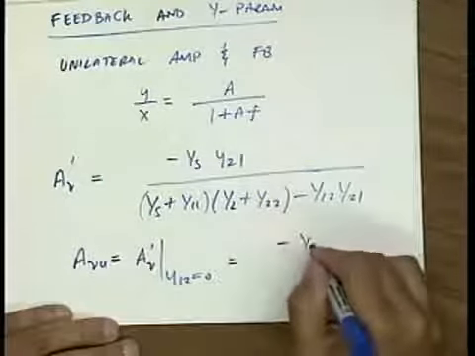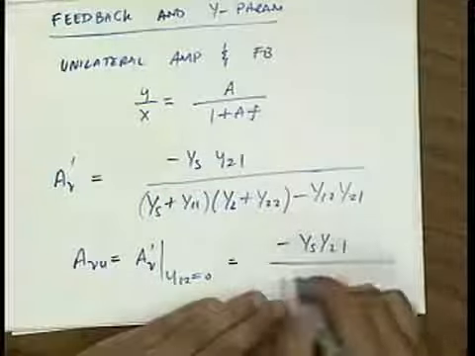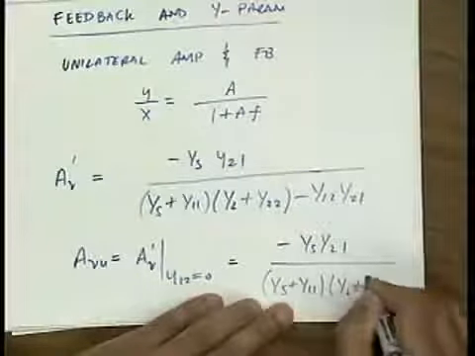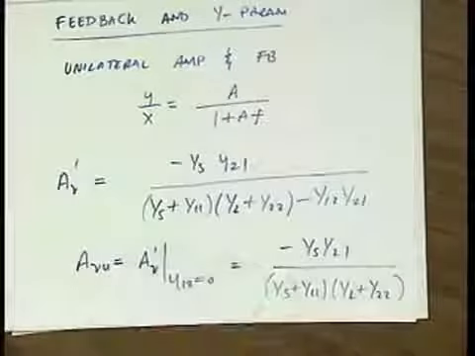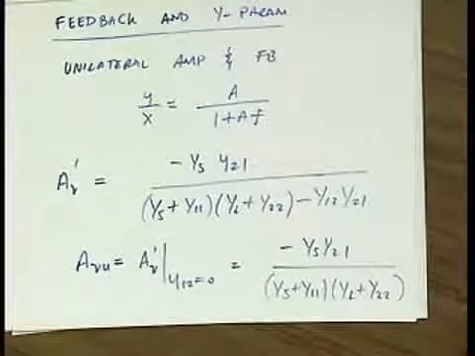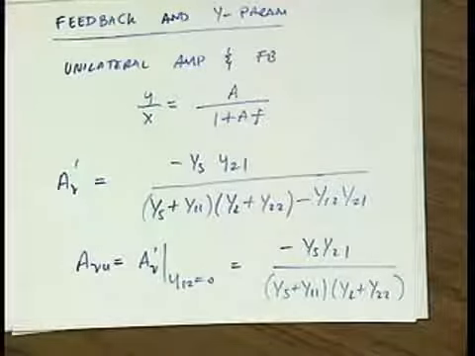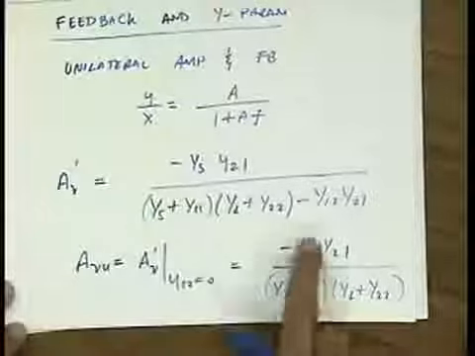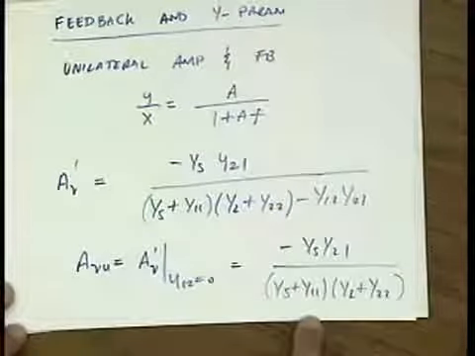So it's simply minus ys y21 divided by ys plus y11 times yl plus y22. We could call this the unilateralized forward gain of the amplifier. We've removed the feedback because we've removed y12, and this is the forward gain that we get.